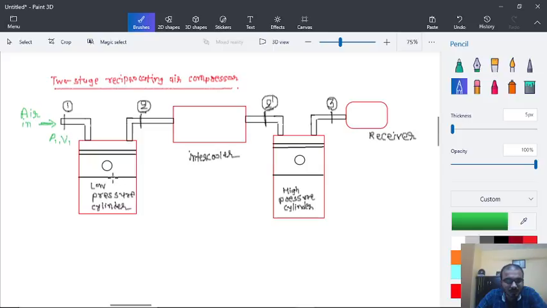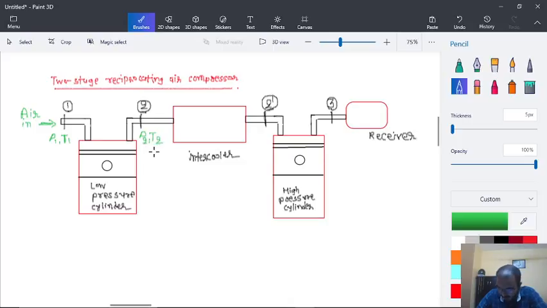After passing through the low pressure cylinder, the pressure increases to P2. Here, instead of volume, we will focus more on the temperature: P1, T1, and here P2, T2.